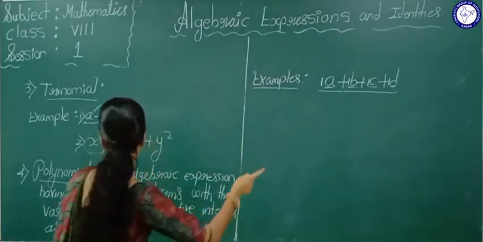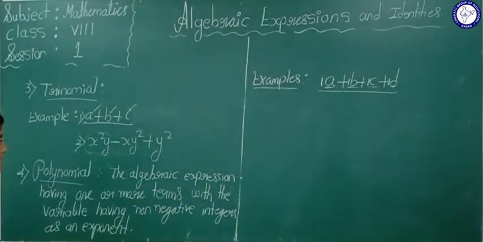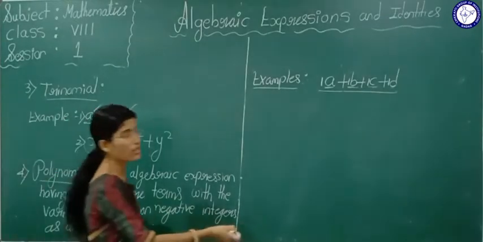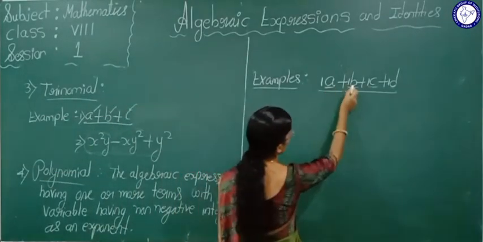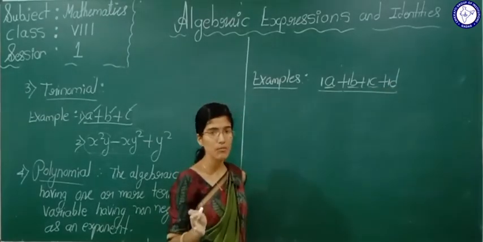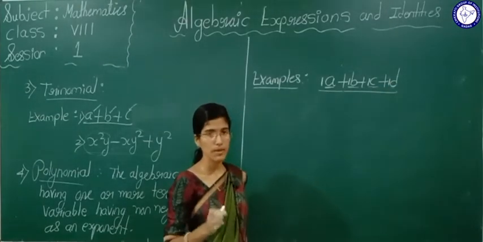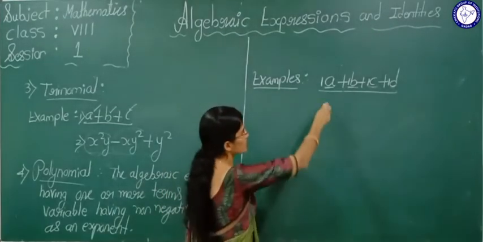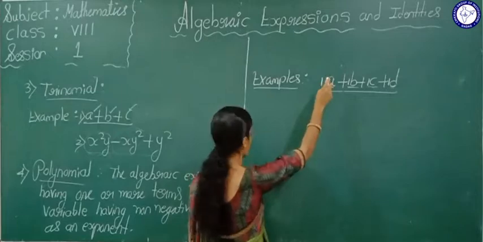Now I gave this as an example for polynomials. A polynomial is an algebraic expression having one or more terms. Here how many terms are there? 1, 2, 3, 4. 4 terms are there. It may be any number of terms. So this is an example for a polynomial.